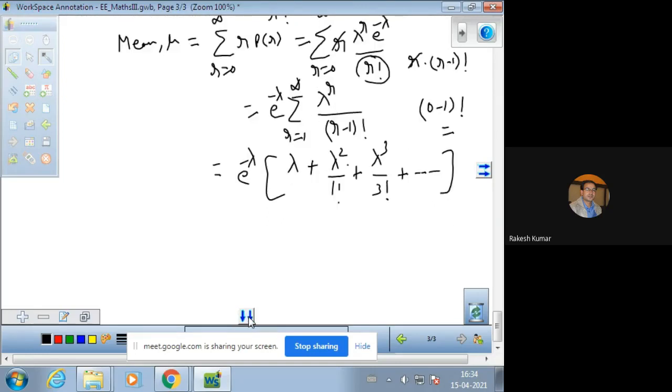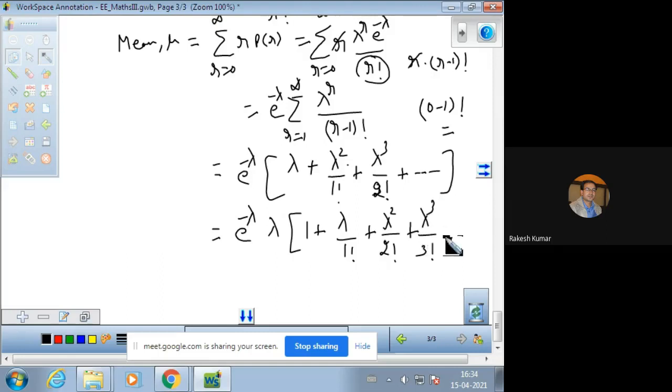And you know that this is e raised to power minus lambda. Lambda can be taken common. So 1 plus lambda over 1 factorial plus lambda square over 2 factorial, and the next term is lambda cube upon 3 factorial, and so on.